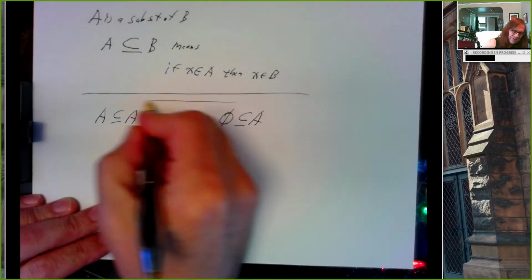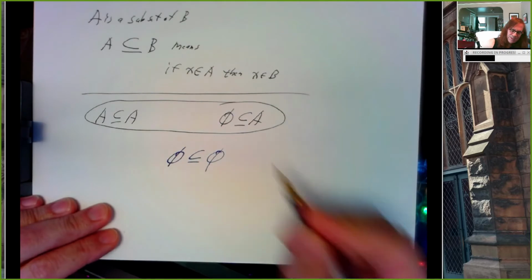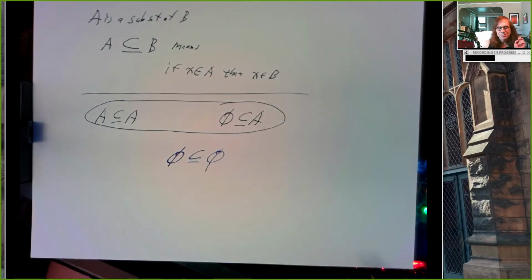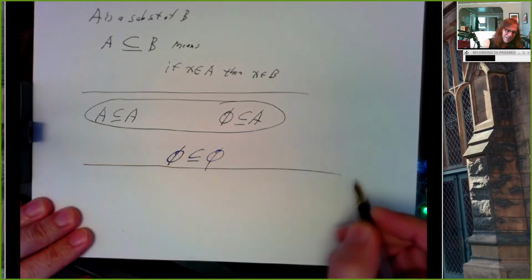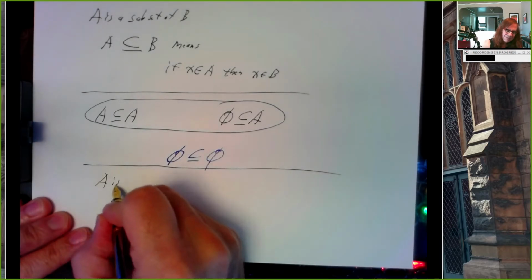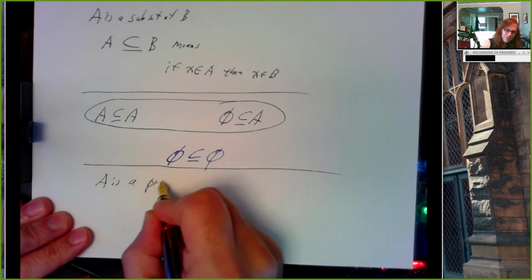So these two things are always true, which means every set always has at least two subsets, except the empty set. It's always got the empty set and it's got itself. And so we have a different notation and a different concept, which is a proper subset.